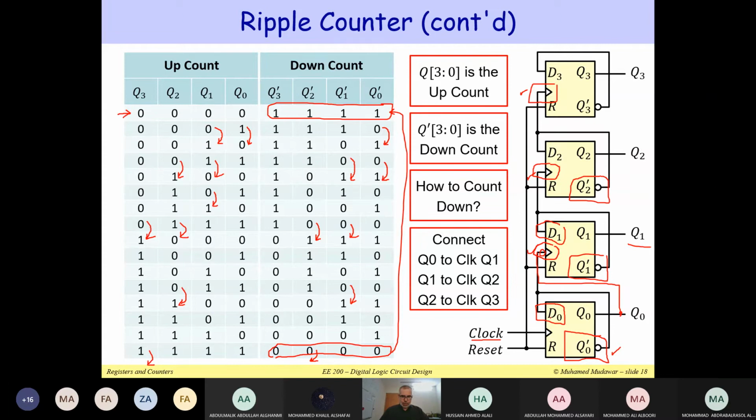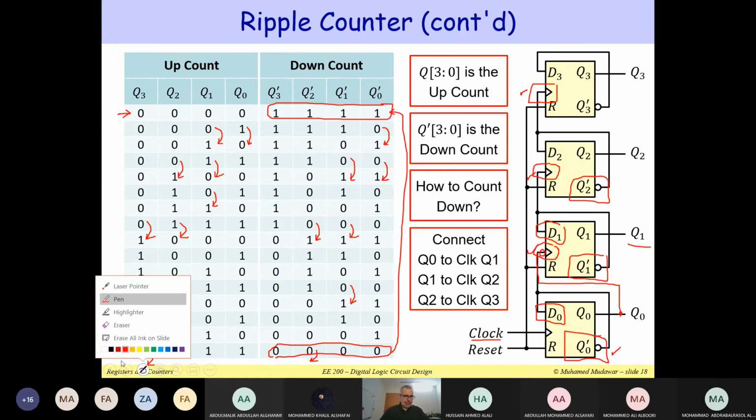Q0 prime will be connected back to the D, but I have to connect to Q0 and put an inverter here so that when this changes from 1 down to 0, we toggle, so we change the value of Q1. And I use Q0 prime to connect to the clock, to avoid putting a bubble here at the clock input.